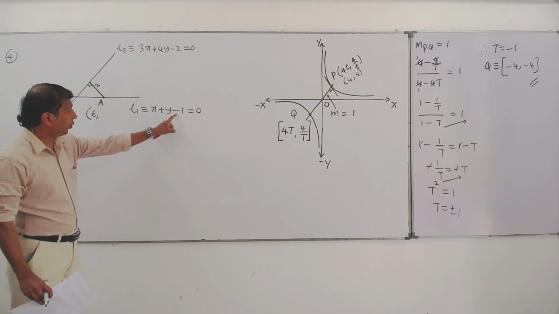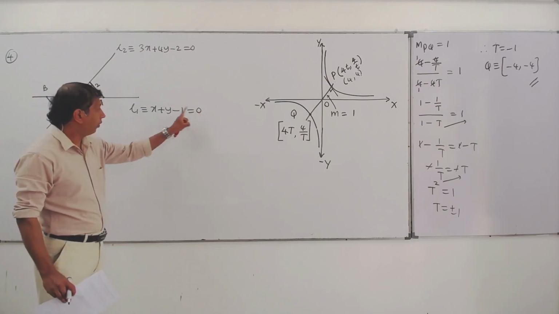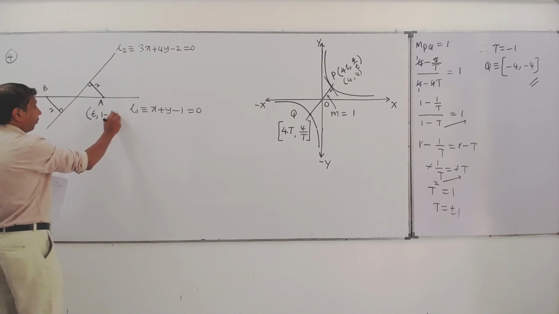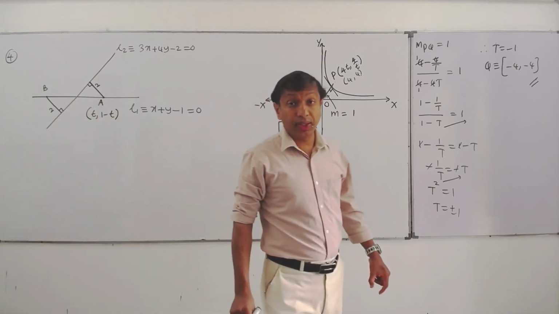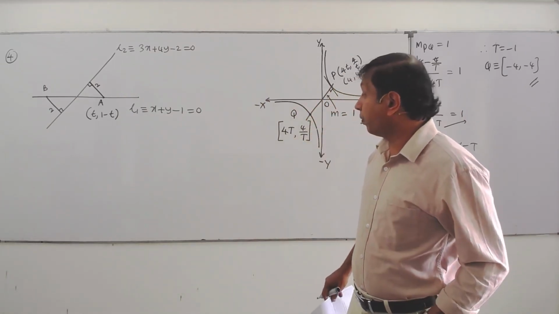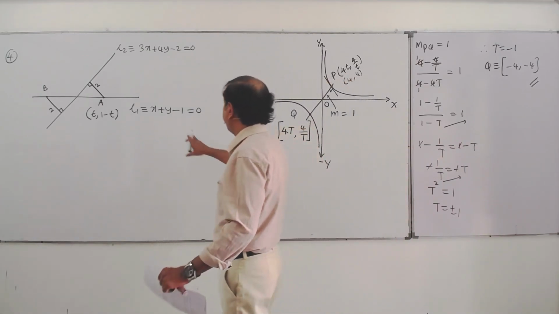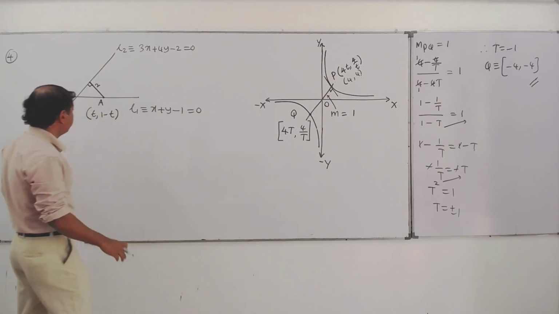That t, and this minus 1 when you take to the right, becomes 1 minus t. When we assume the x coordinate of the point capital A as t, the y coordinate comes as 1 minus t. Correct, no?